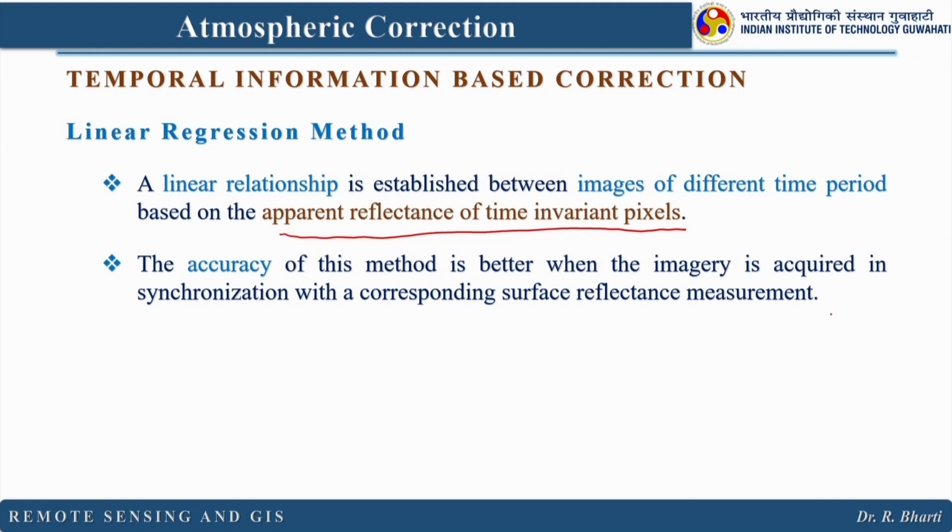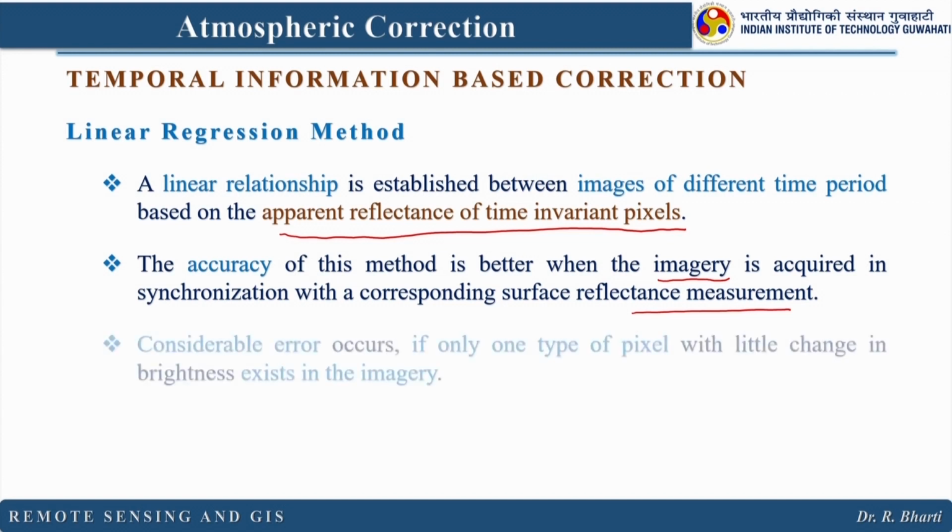So, what it means is, when the satellite is measuring these images, at the same time you have to take your ground instrument and go to the field, and at the time when the satellite passes over that area, you measure the reflectance value on the surface. Then all the parameters remain the same, and you can correlate these two data sets.